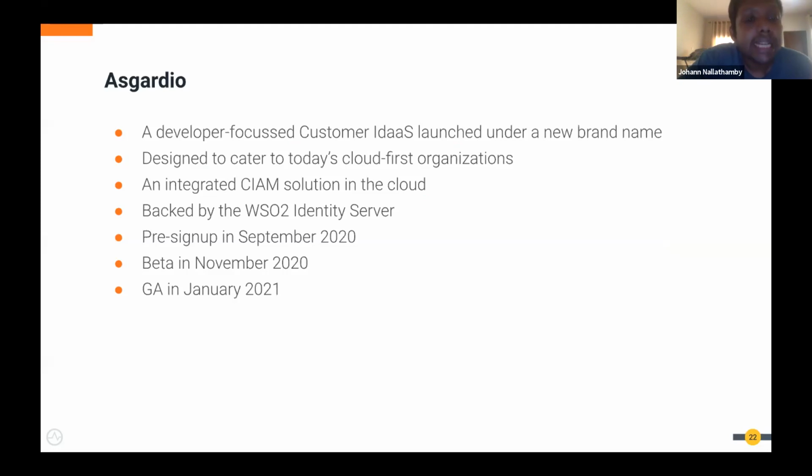It is going to be an integrated CIAM solution in the cloud. So it's a one-click solution to all your CIAM needs in the cloud. Of course, it's backed by the WSO2 Identity Server. In terms of timelines, we are looking at pre-sign up starting from September 2020, beta in November 2020, and the GA somewhere around early 2021.